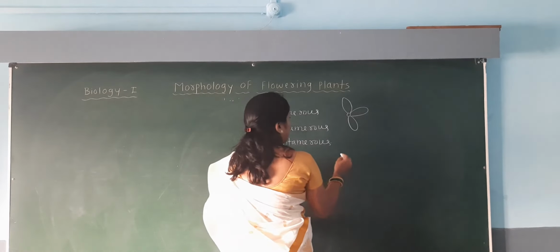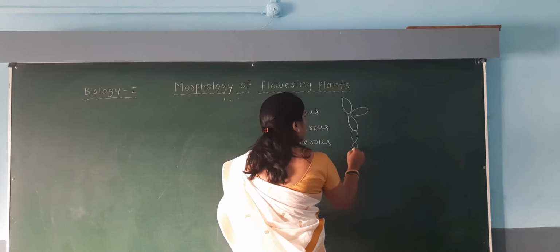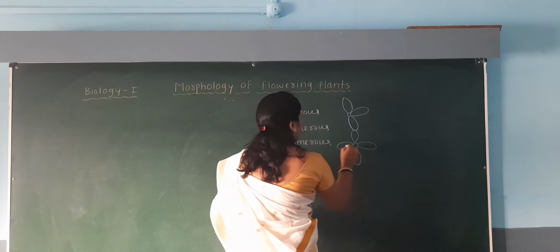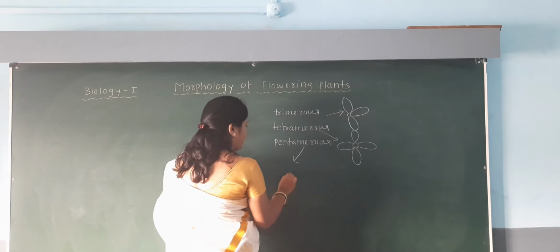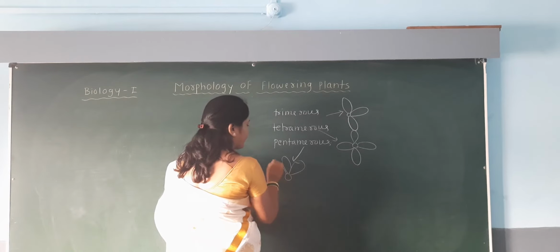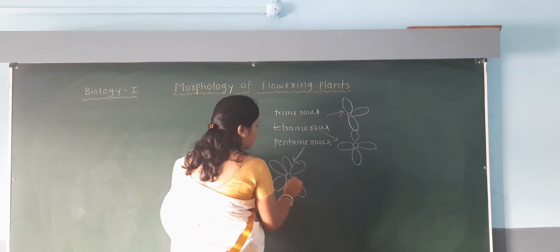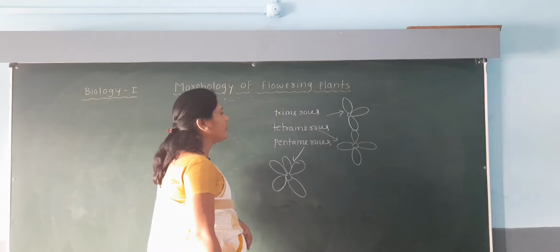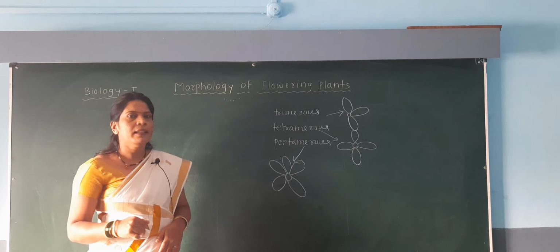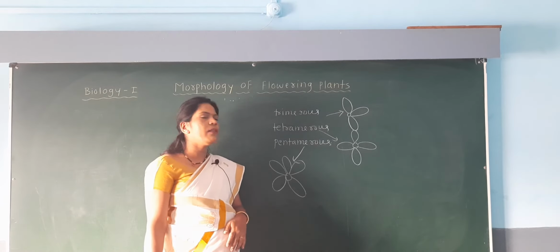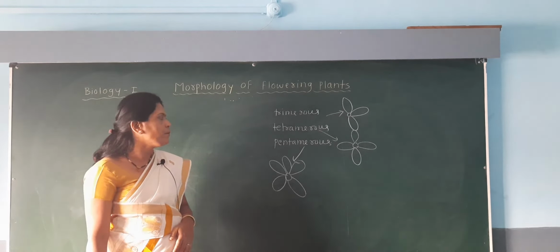Tetra: 1, 2, 3, 4, and penta means 5 petals. So this is trimerous, tetramerous and pentamerous. According to the number of petals, there are 3 types of flower: trimerous, tetramerous and pentamerous.